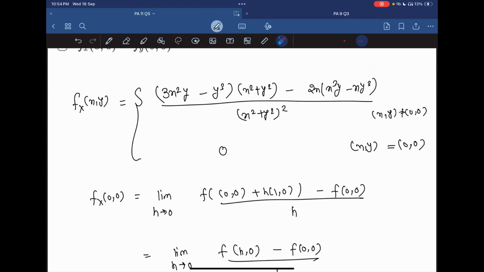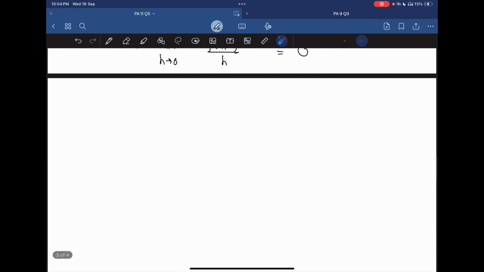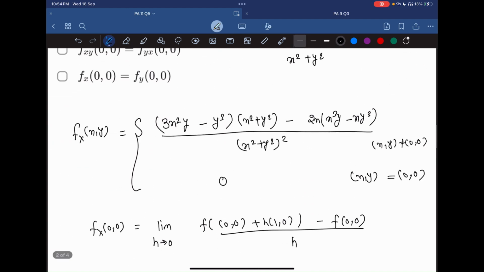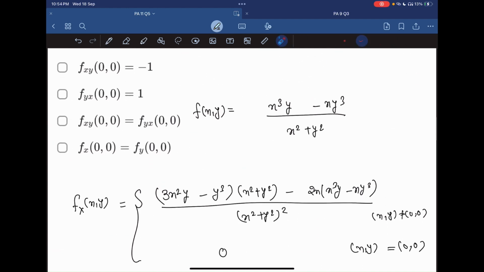In the same way, we will find the partial derivative with respect to y. It would also be in piecewise form. So let's apply the quotient rule again, this time with respect to y.